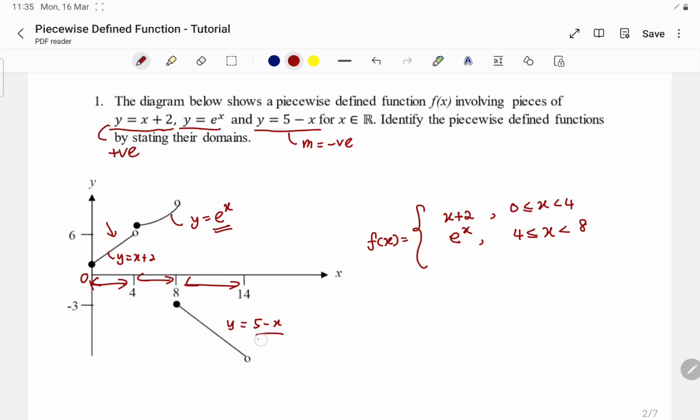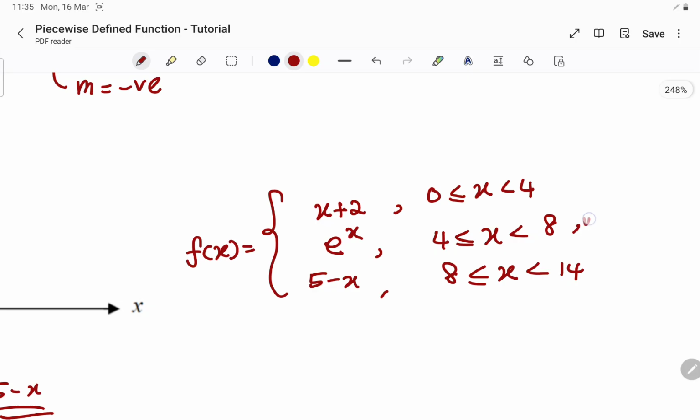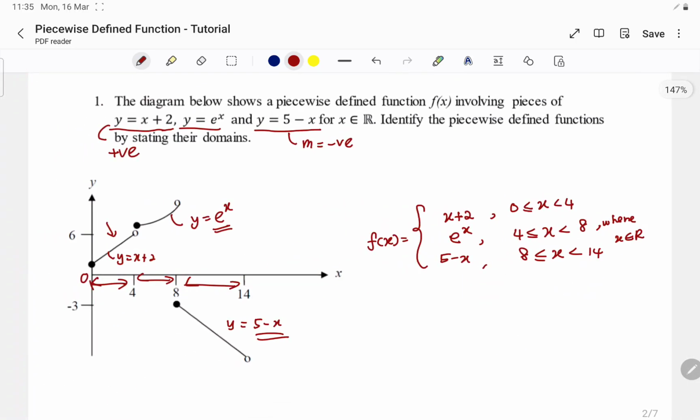The last one is 5 - x, with 8 ≤ x < 14. So this is your answer. But don't forget to put the domain, where x belongs to R. Okay, so this is for question 1.